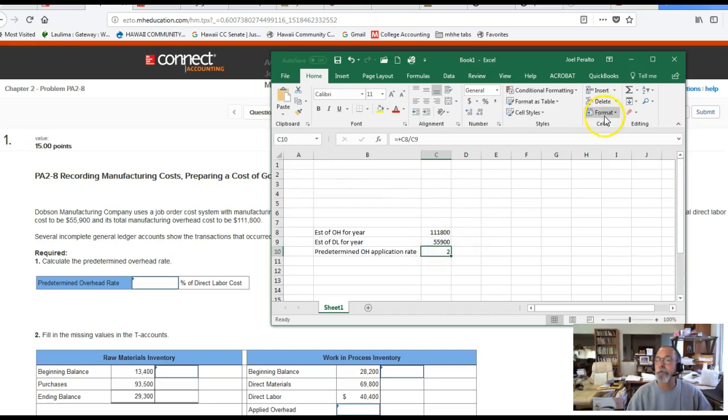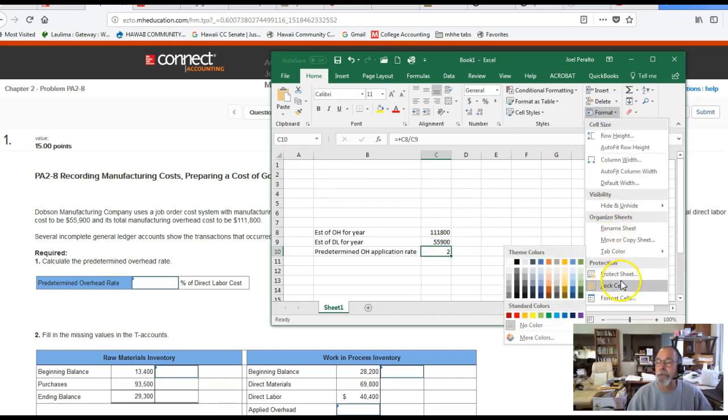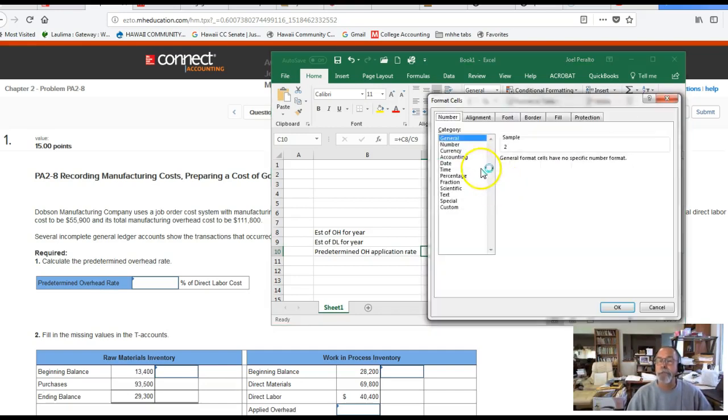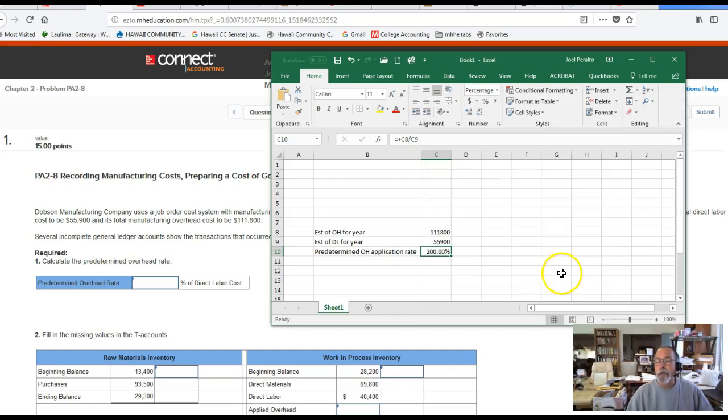And so we need to format that as a percentage. And we see that it's 200%. In other words, for every dollar of direct labor incurred on a job, we allocate $2 of overhead to that job.